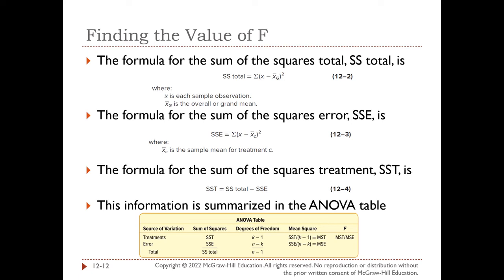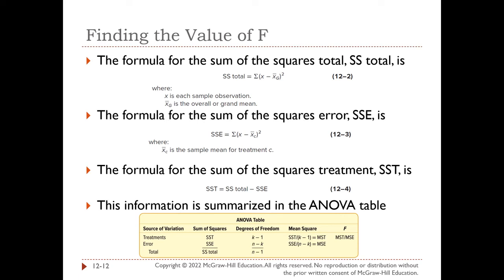The formula for the sum of square error, SSE, is the sum of x minus x bar subscript c squared, which is the sample mean for which treatment we're doing. So the treatment C. Now, the formula for the sum of square treatment, SST, a lot of acronyms, is the SS total minus SSE. Again, we're trying to figure out a little error that could happen.